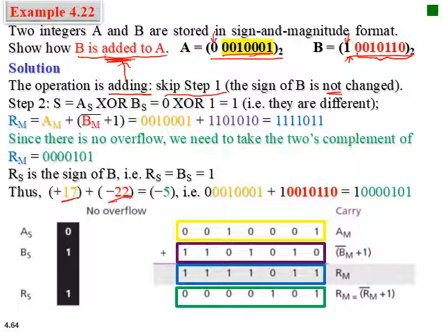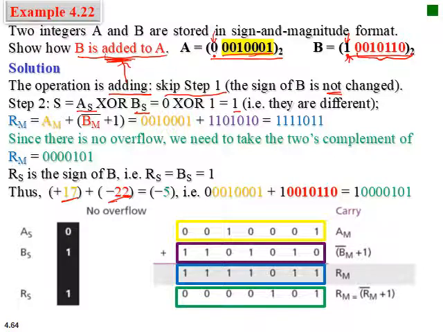The next step was to get the XOR between the sign of A and the sign of B. The sign of A is 0 and the sign of B is 1. Because they are different, and XOR is a difference checker, the result will be 1.